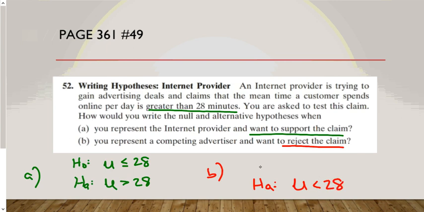And then the null hypothesis is that mu is greater than or equal to 28. This way, if we end up getting evidence against this and we can reject the null, then we will have to accept the alternative, that mu is actually less than 28.